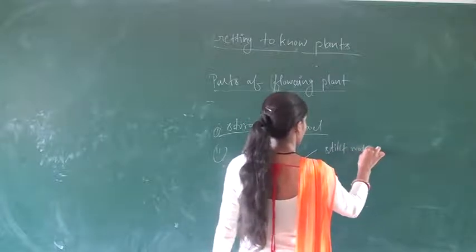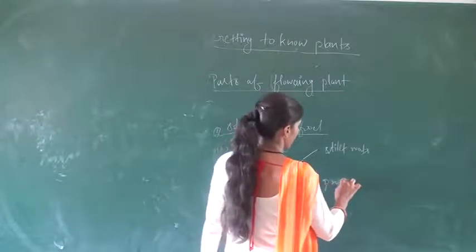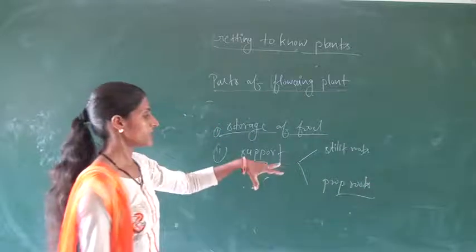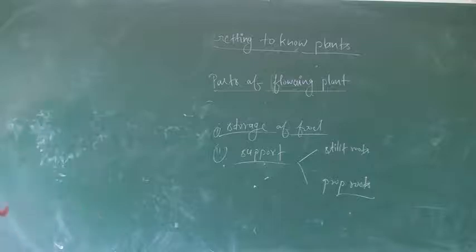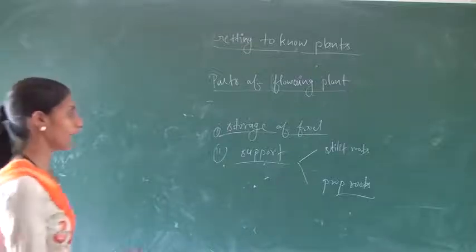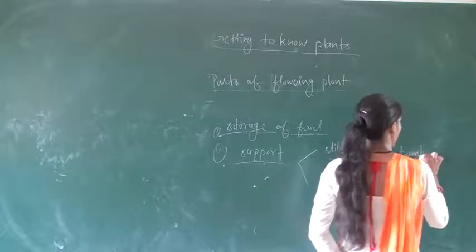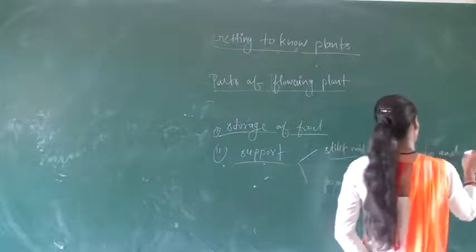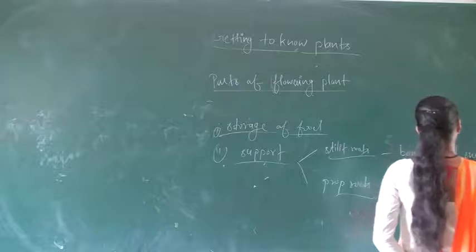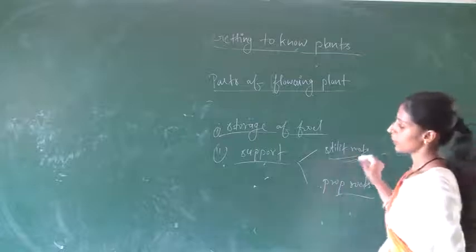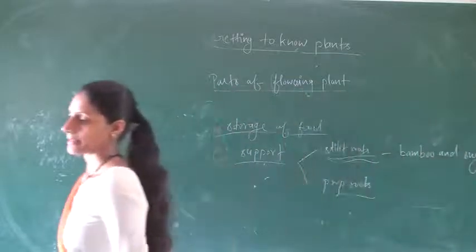These two types of roots give support to the plant. Stilt roots are present in bamboo and sugarcane plants. They provide additional support to the plants.